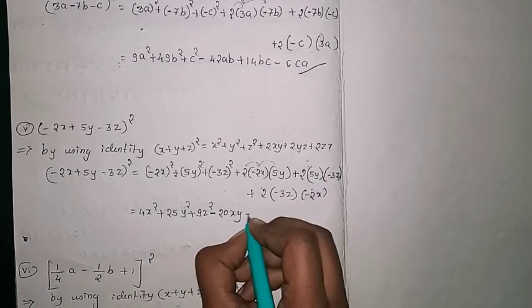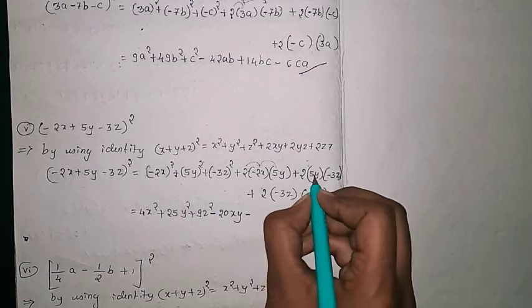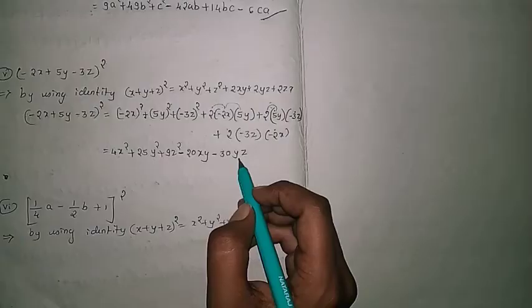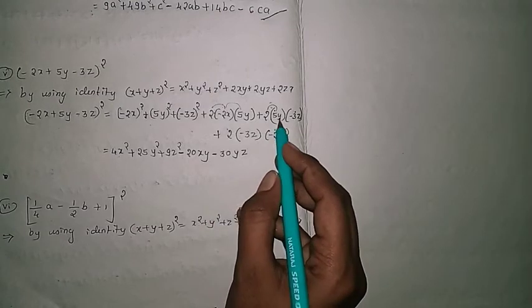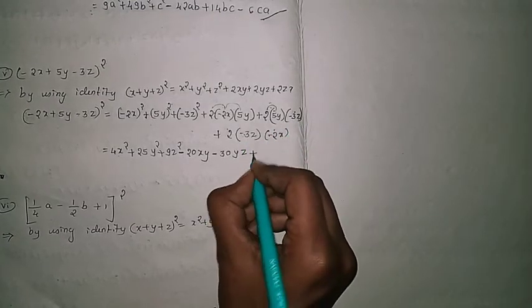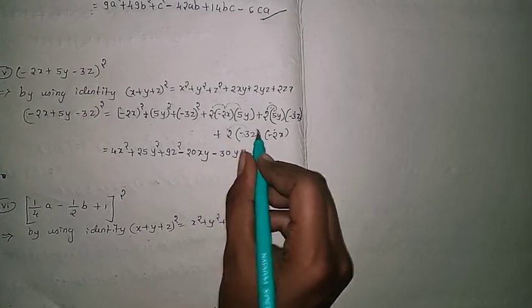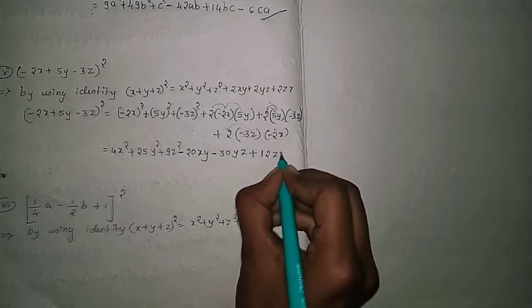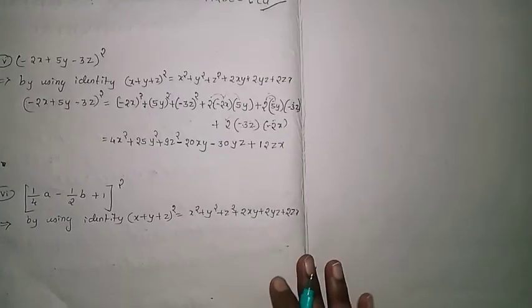Plus minus will be minus, 5 2s are 10, 10 3s are 30, so 30yz. Here minus minus will be plus, 2 3s are 6, 6 2s are 12, so 12zx. So this is about the fifth problem. This is our final answer.